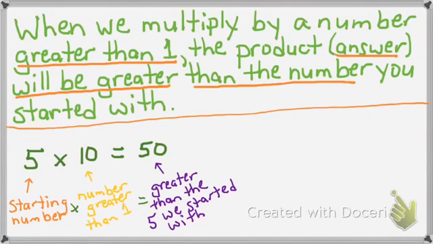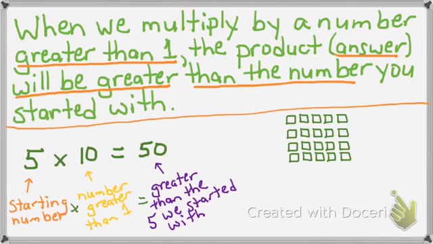Let's see what this looks like in picture format. My starting number is 5, so I'll start with 5 squares. I'm multiplying that by 10, so I'm going to have that 10 times. So I want to have 5 squares 10 times in all. Let's put another set of 5. That's my second set of 5. Keep going. My third set of 5.